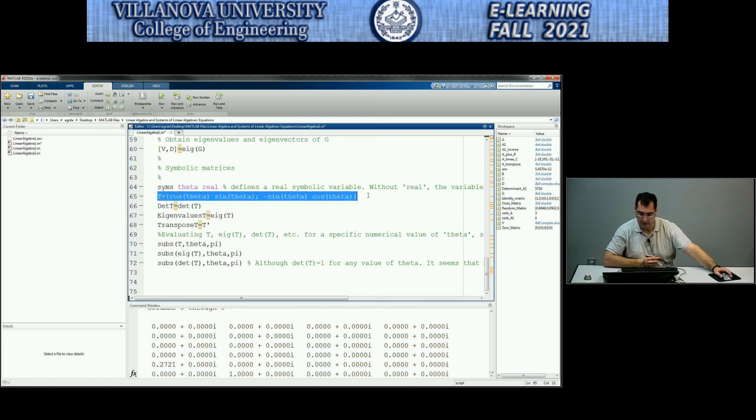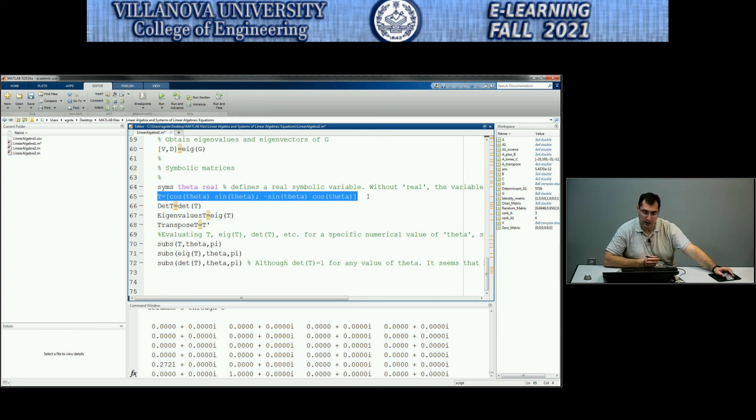Let's say you define this in mechanics. That's one of the transformation matrices using Euler angles. So the matrix of cosine theta, sine theta, minus sine theta, and cosine theta. So this is how you formally define a matrix symbolically.